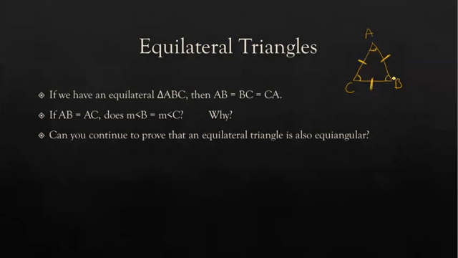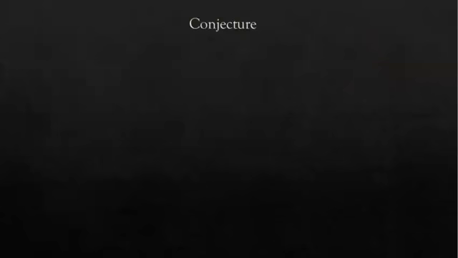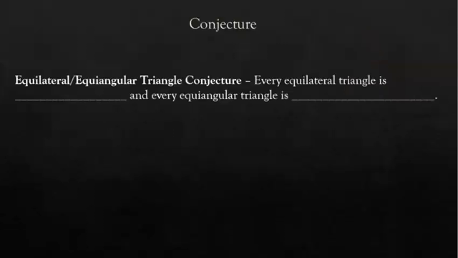And we could go round and round because all three sides are congruent, then all three angles would be congruent because we could keep turning it and using a different base. So then the base angles would all be congruent. So we do have a conjecture for that. Every equilateral triangle is equiangular, and every equiangular triangle is equilateral.